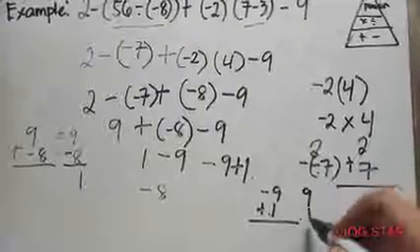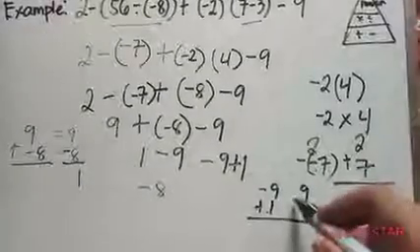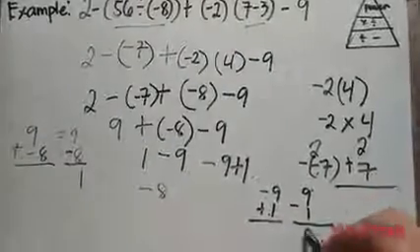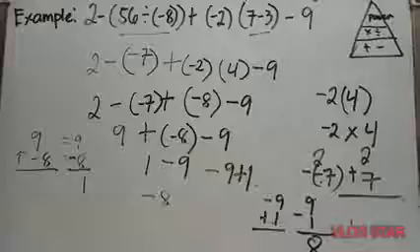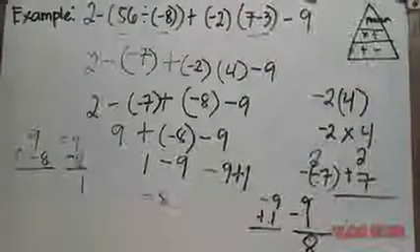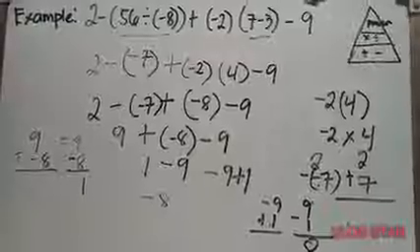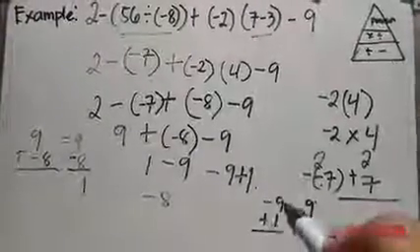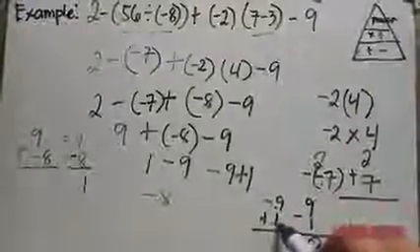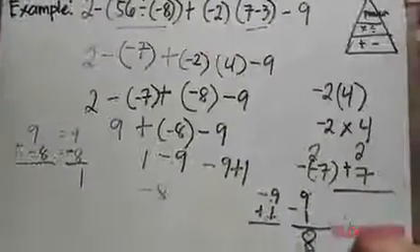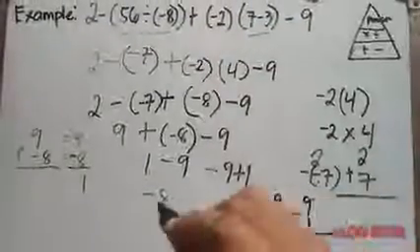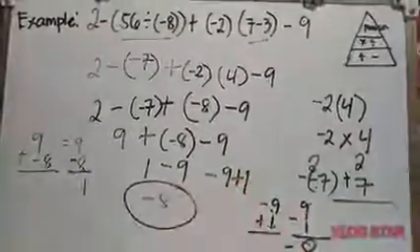Absolute value of 1, that is 1. Then subtract. Then 9 minus 1, the answer is 8. Then copy the sign of the integer with greater absolute value. So negative 9 has greater absolute value compared to 1. So we should copy the negative sign. So the answer is negative 8.